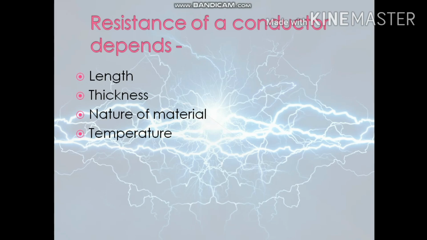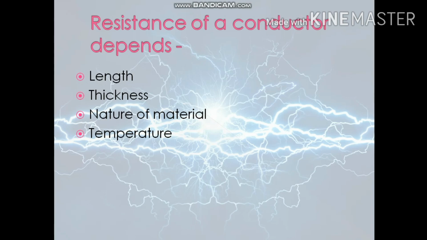That means a long wire has more resistance and a short wire has less resistance. As the length of the wire increases, resistance also increases because the obstacles present in the conductor increase. That's why the resistance of a long wire is more, and the resistance of a short wire is less.